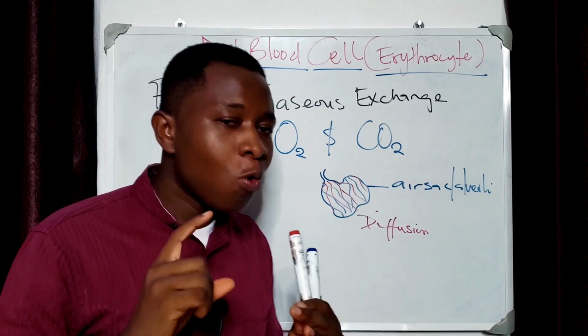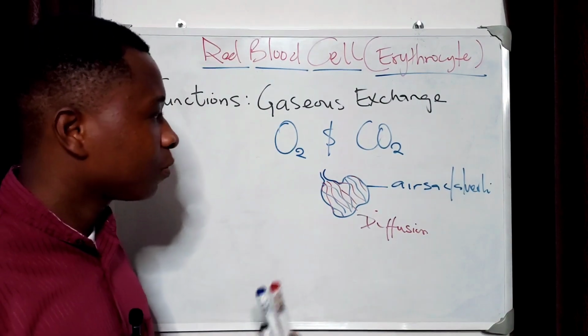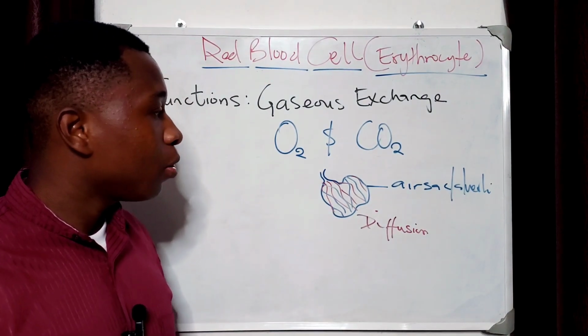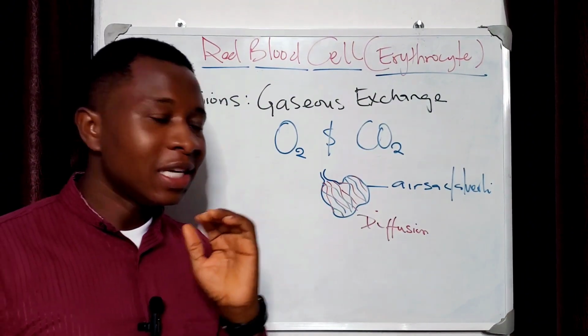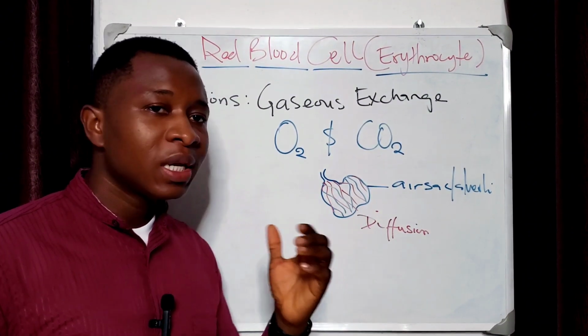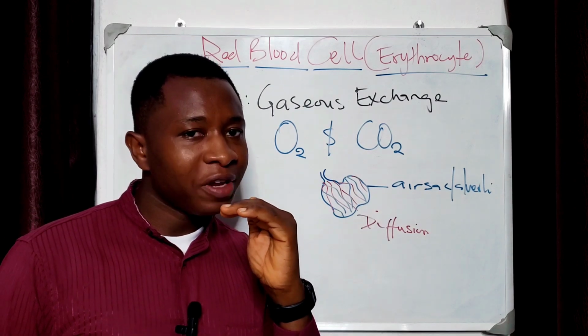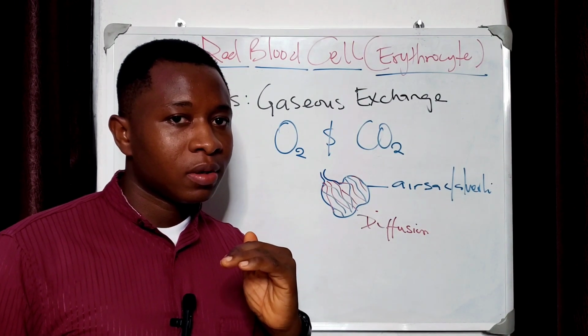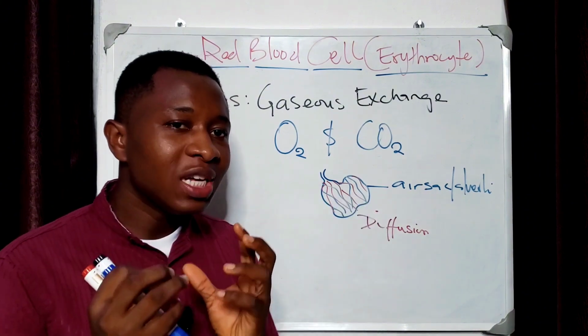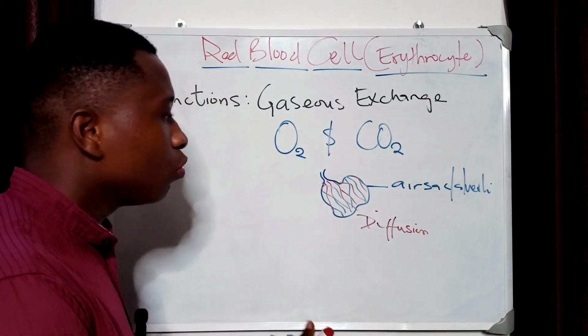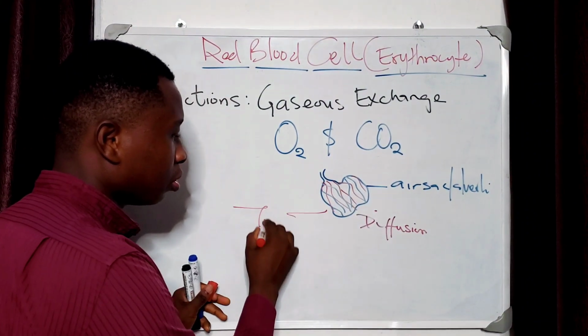All right. Now, one striking thing that happens here is that once the red blood cell binds and moves to other parts of the body, the hemoglobin begins to lose its affinity. The combination of hemoglobin and oxygen begins to lose its affinity as it moves towards the tissues.